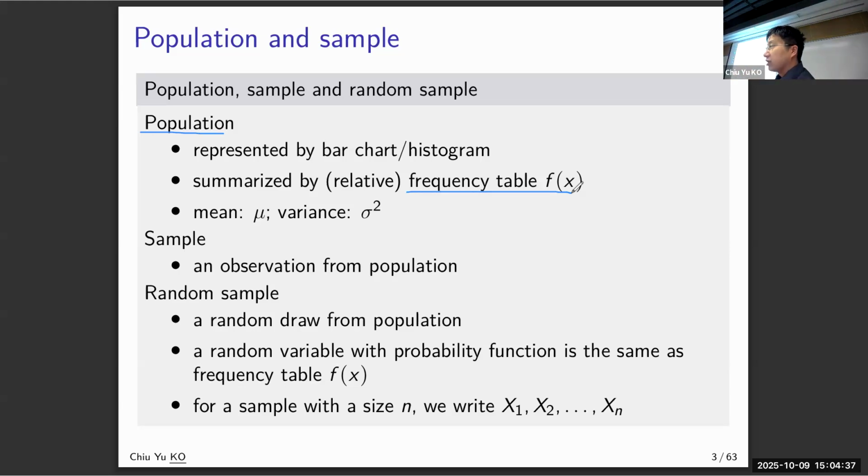Although there's no probability yet, you can also use big P and big F to describe it, because the relative frequency is the same as the probability. If you draw one guy from that population, how likely you draw a particular guy is actually a probability. So when you draw one guy, it follows the distribution. If you keep drawing many times, you actually recover the f.